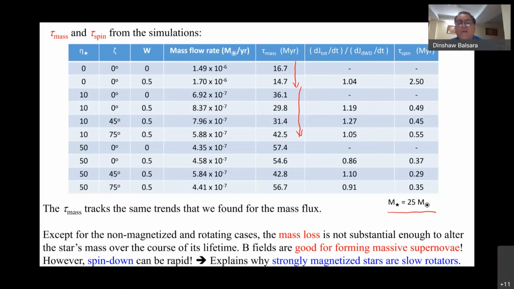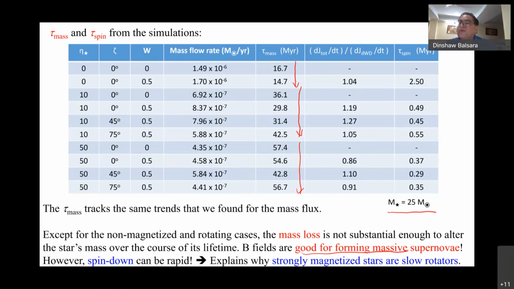If you have stronger magnetic fields, as is the case out here, then you have even more mass being retained, namely the time scale over which mass is lost becomes even larger. Therefore you understand that magnetic fields can be very good for forming very massive supernovae in the end, because in some sense they give the star a channel for retaining much of its mass.